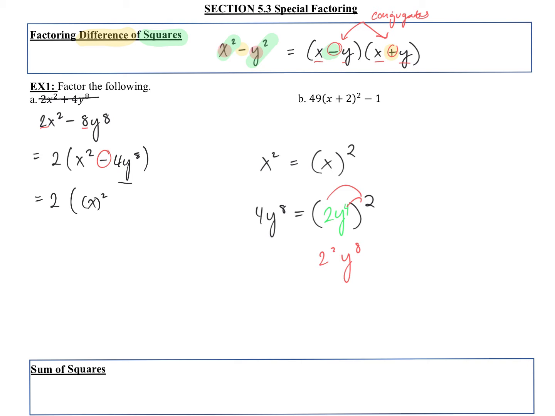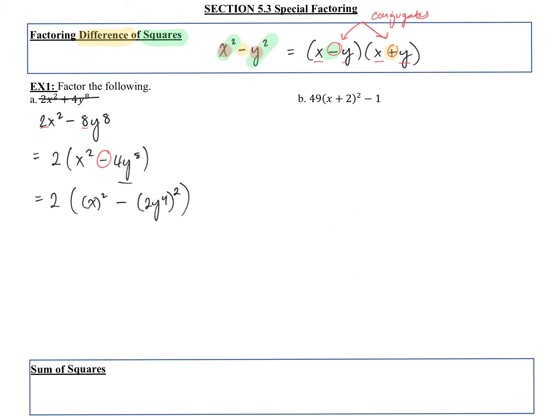So we have x squared minus (2y to the 4th) squared. I'm going to go ahead and show this work on the side. You wouldn't usually need to show this, but because we're working on a new problem, I'll write a little more work. Now, how does the rule work for factoring? Well, we take the unsquared version of each one and place them in the binomial.